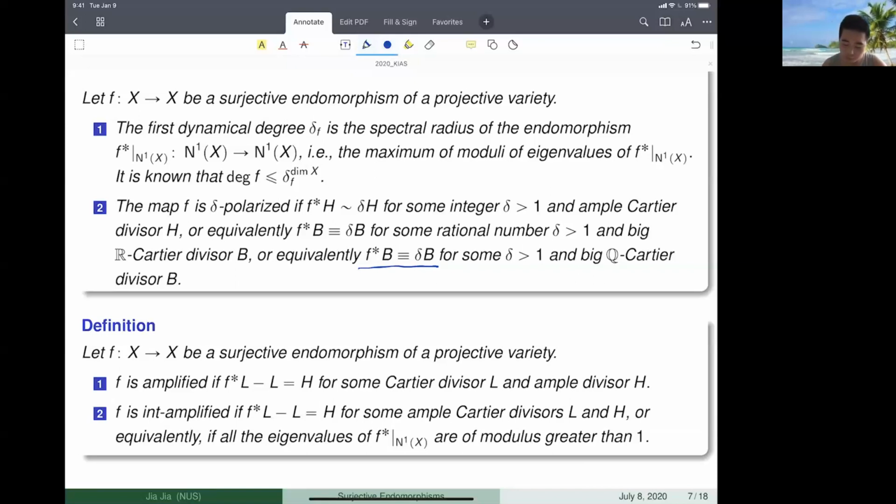This one holds for Q-Cartier divisors. We consider this Néron-Severi group with coefficients in Q. We know this delta is also a rational number. A rational number that is also an algebraic integer implies this delta is an integer. So all the three conditions are equivalent.